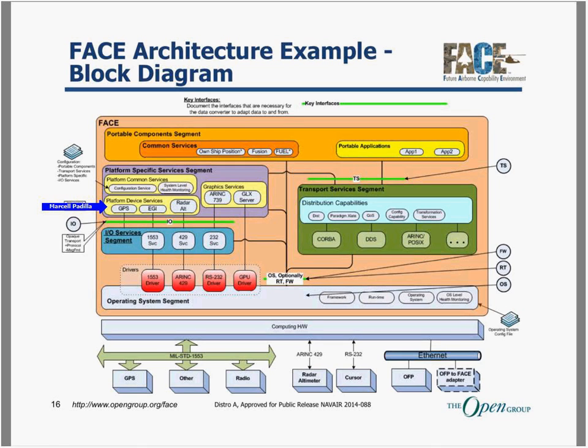This data is interpreted using the GPS's ICD and transformed into the standard FACE data architecture and passed through the transport services interface to transport services. Transport services, through configuration, knows that that data needs to go to application 1. Application 1 will consume it.